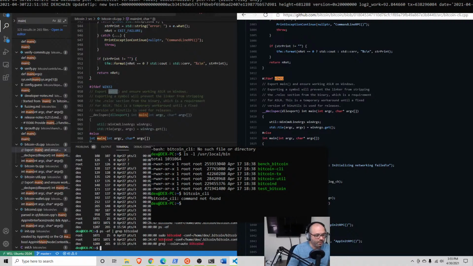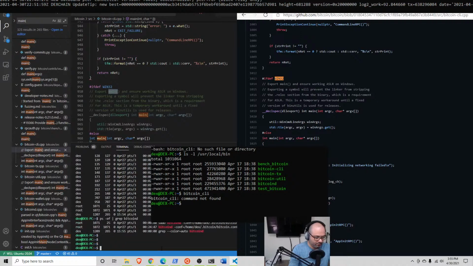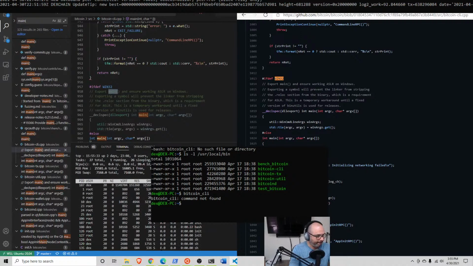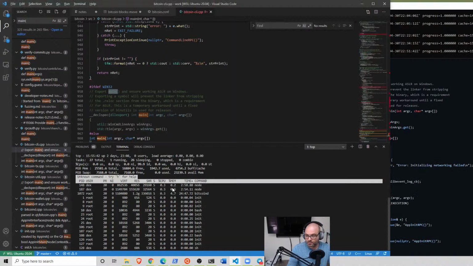Okay, so bitcoind is running like this. bitcoind with the config file bitcoin.conf, sudo bitcoind. That's what's running on our machine right now. Let's do top. bitcoind. Okay, so at the top, hold on, let me go back to Alt Shift Q.